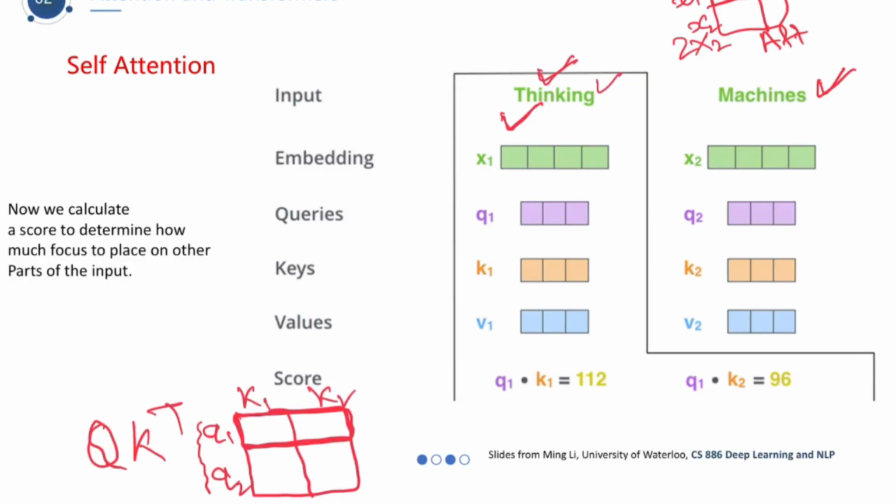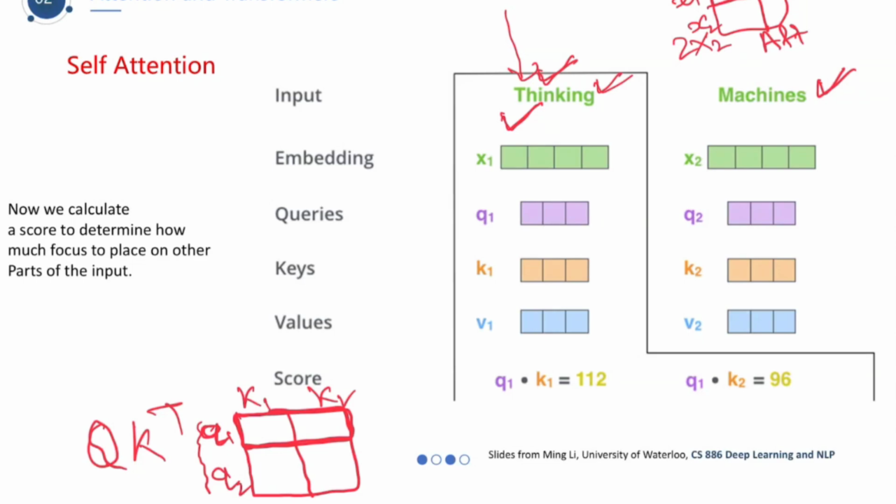Suppose here we are refining thinking. So whatever you are going to refine, you will take the query of that. That means I'm asking the query, hey, refine this thinking. Okay. So query is going to ask the things from the keys.